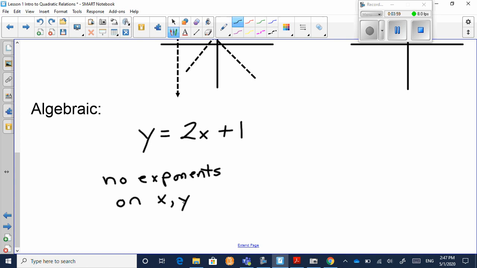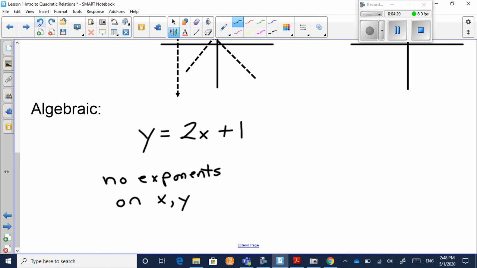Or I should be careful, because no exponents technically means 1, so they both have an exponent of 1. We rarely show the 1, so it would look something like this. Hopefully you would have judged that last year: yeah, that's a line, that's a linear relation.